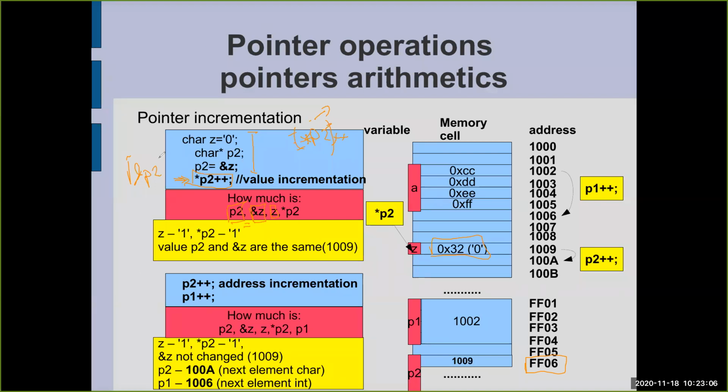Okay, so here you have asterisk incrementation of the reference. If you increment the reference, it will affect the value of the element or cell which is pointed to by the pointer. So for example, if you have P1 which points to A and you write P1 plus plus, it will increase this value by 1.